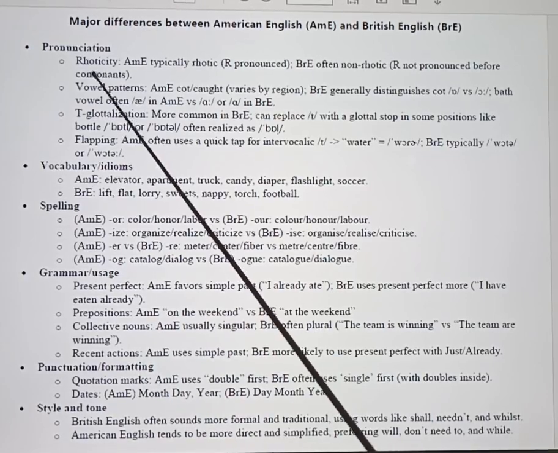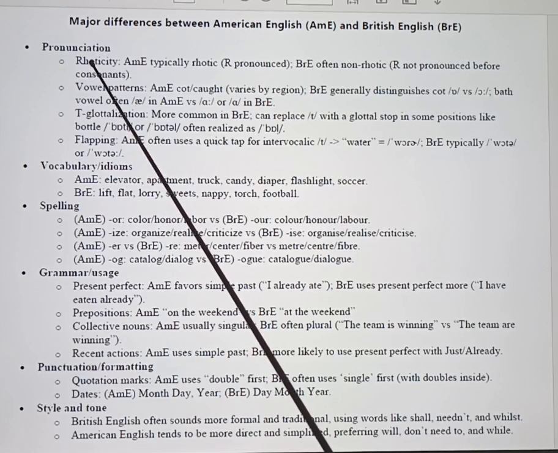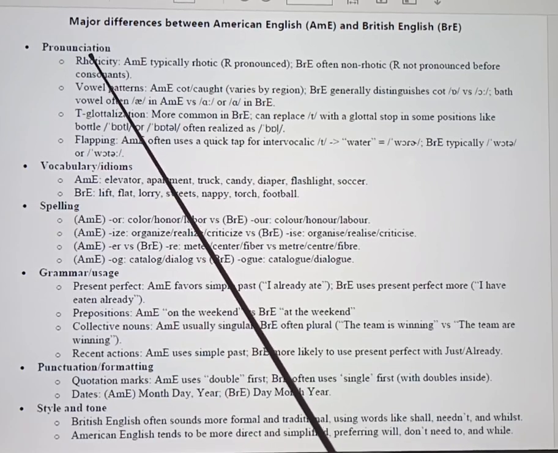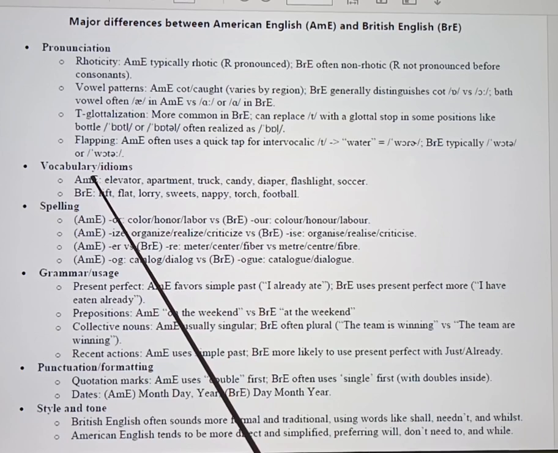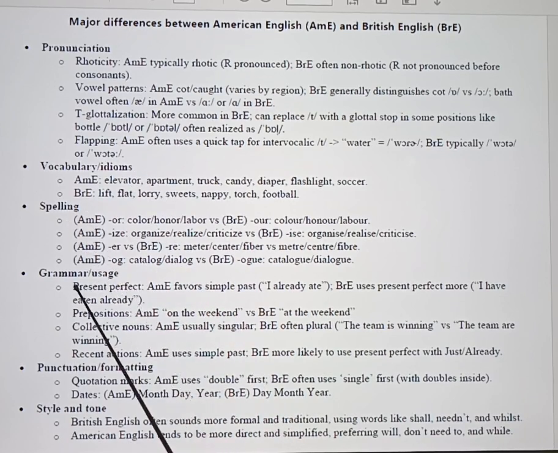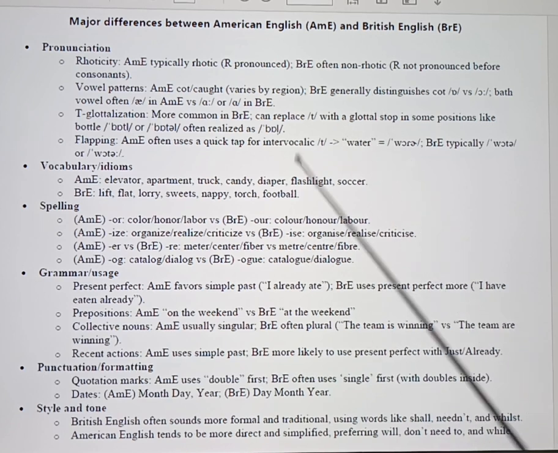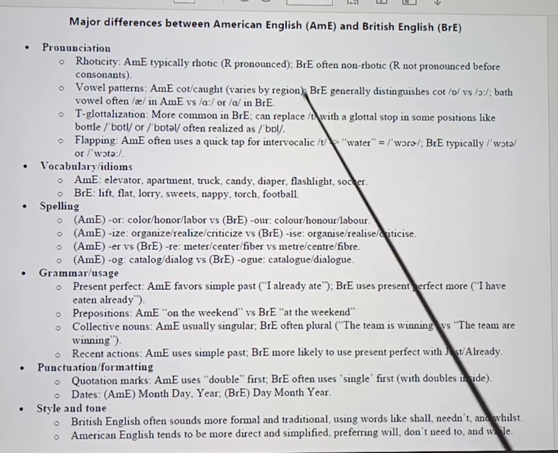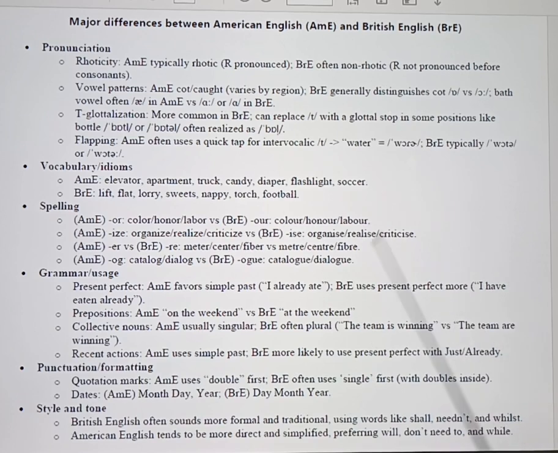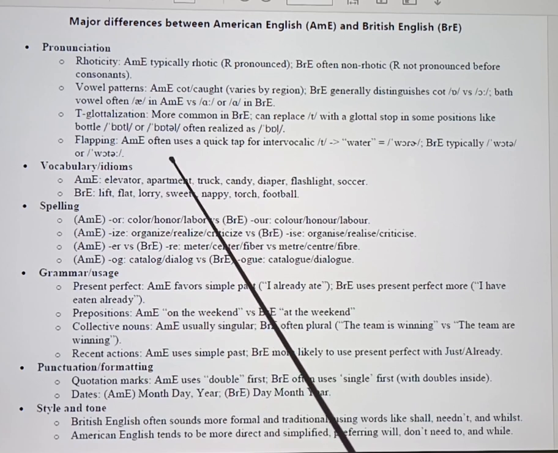I divided the differences into pronunciation, vocabulary or idioms, spelling, grammar or usage, punctuation or formatting, and style and tone. These are the major categories where you can find the differences between these two English dialects, or sometimes they call them accents. But accents are related to the pronunciation dimension of the language.